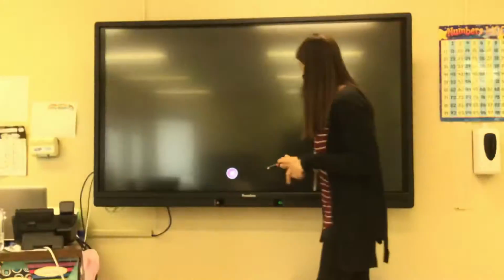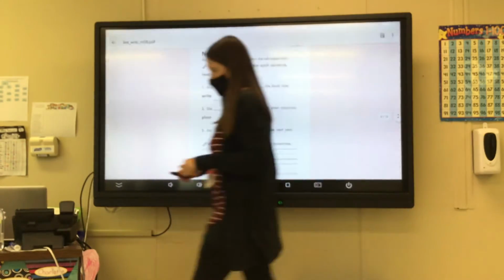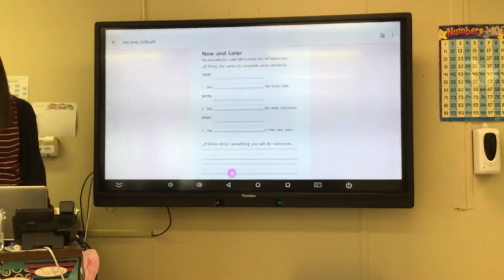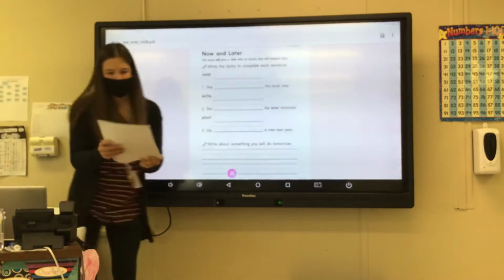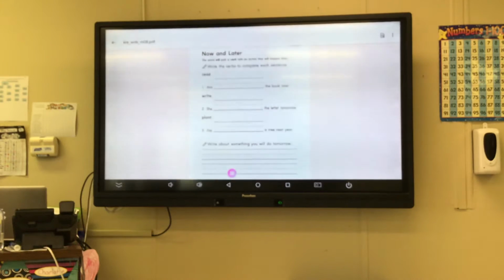Let me go ahead and pull the paper up and I'll pass it out. We're going to write, there they are, the word will plus a verb.